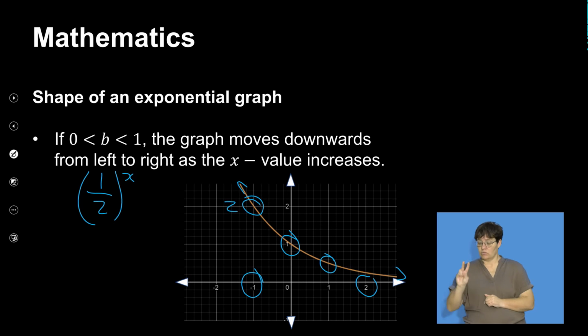And then when x is equal to 2, you can see it is more or less 0,1 or something of 0,2 there, right? So you can automatically see that this is decreasing as the x value is increasing. But the x is always increasing because it's from left to right.